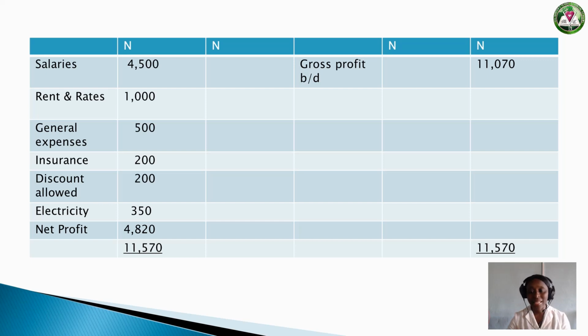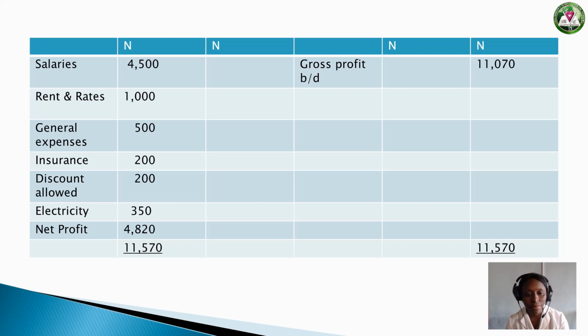I repeat again, 11,570 minus 6,750 will give you what? Anybody ready with the answer? Beautiful. 4,820. The difference is now 4,820.